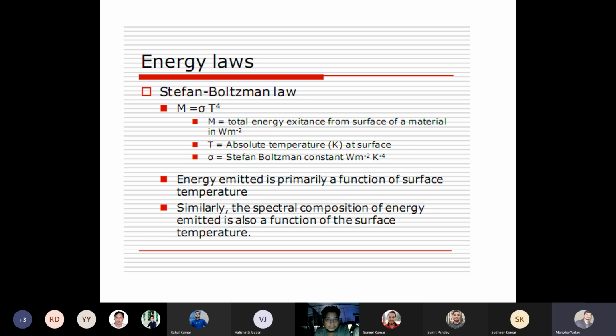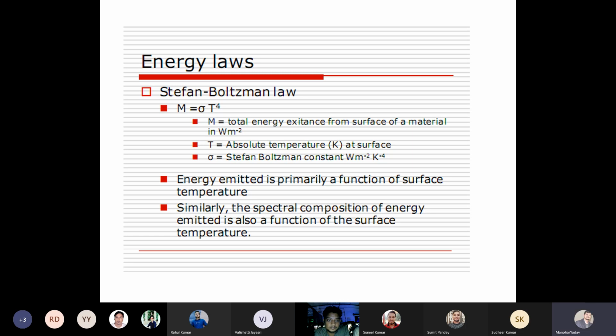In this formula, M is the total energy exitance from the surface of a material, measured in watts per unit area. T is the absolute temperature in degrees Kelvin at that material surface, and sigma is the Stefan-Boltzmann constant, measured in watts per meter squared per degree Kelvin to the power 4.